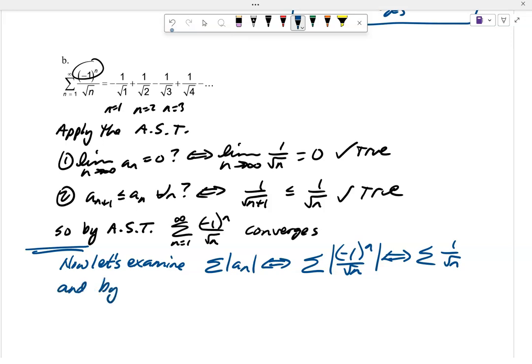And by the p series, 1 over n to the p, our p here is a half, 1 over n to the 1/2. So our p here is less than or equal to 1, and greater than 0 here. This would then diverge by the p series.